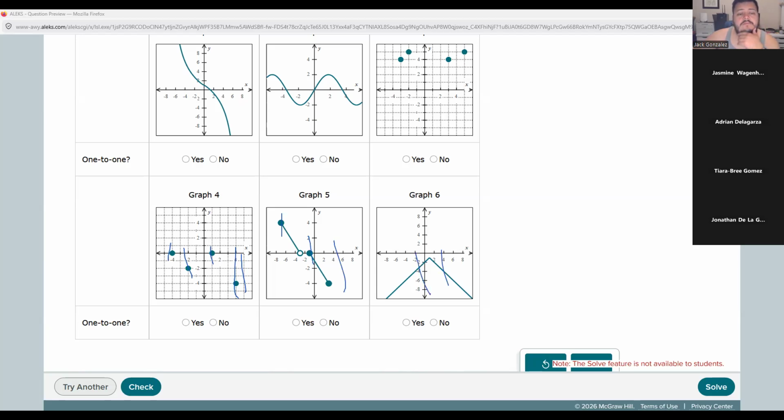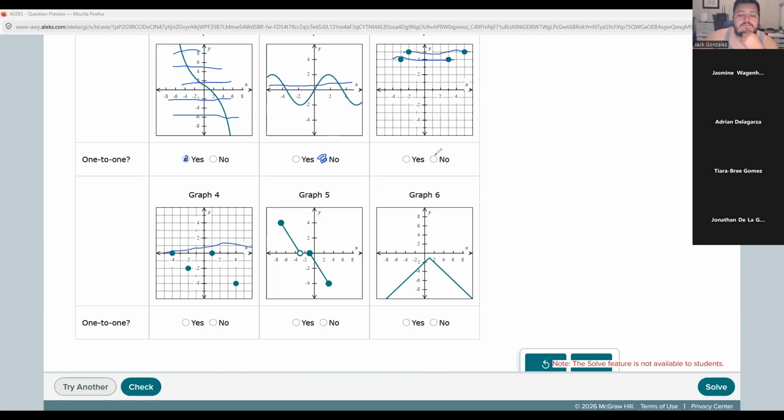But the question is, are they one-to-one? So if you draw horizontal lines, knowing that it is a function and it only hits once, then you would say yes, it is one-to-one. If you do this one, you can tell not one-to-one. This one is not one-to-one.